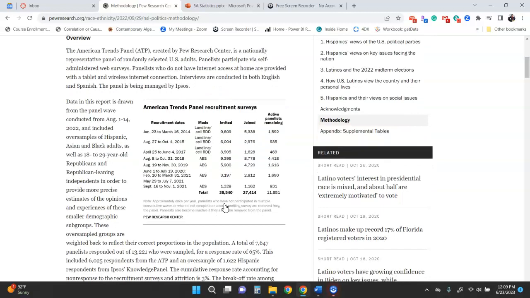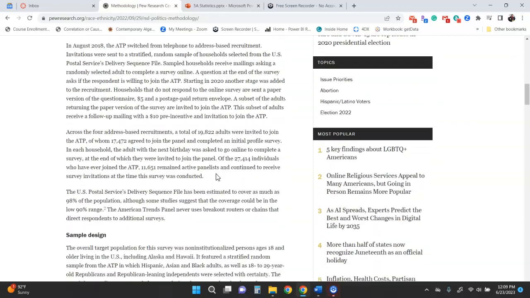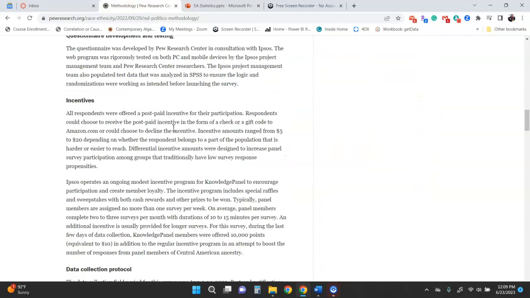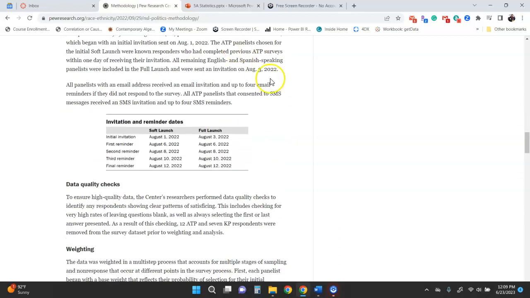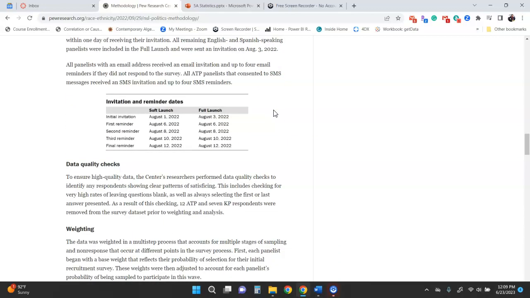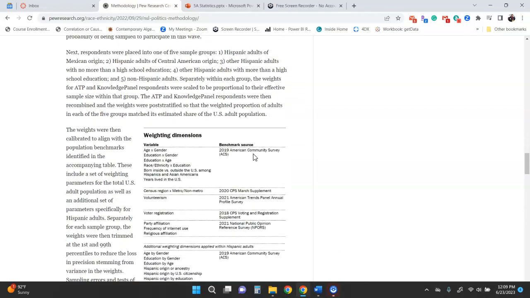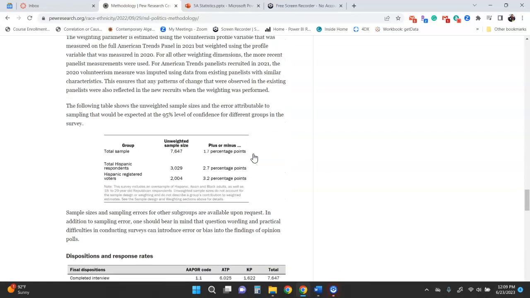In our methodology, it tells us how they recruited all these people initially. And they talk a lot about how they came up with their sample, what their questioning was, if there were any incentives, and if there were any people that did not participate for whatever reasons.